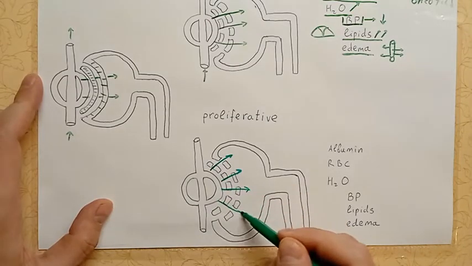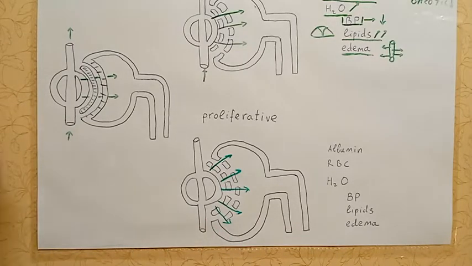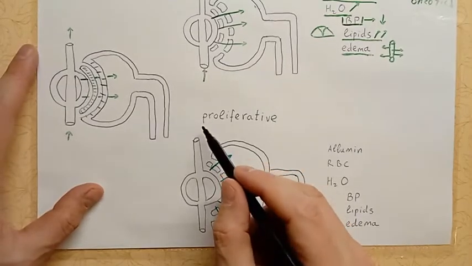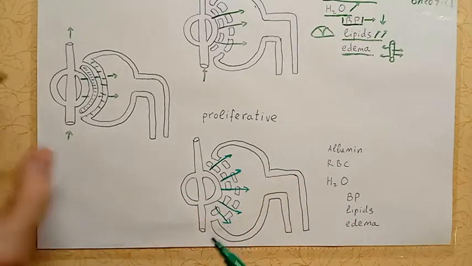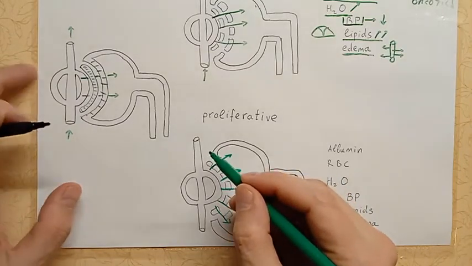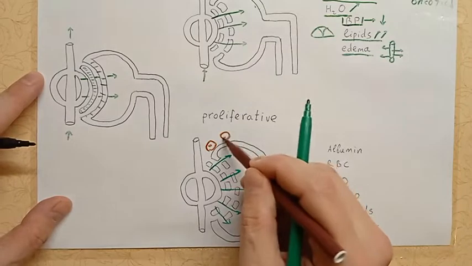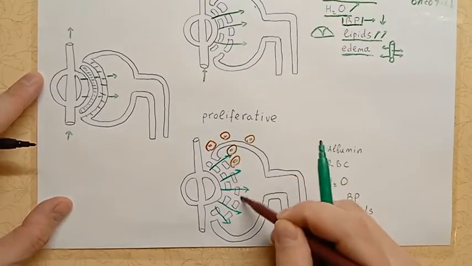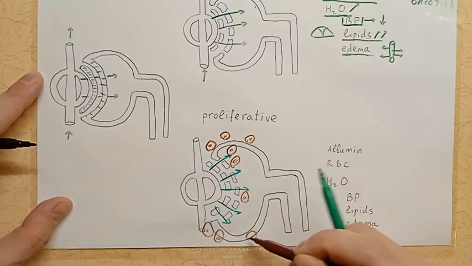The filtration becomes more severe, but inflammation attracts immune cells into the space of the Bowman capsule, into the wall of the Bowman capsule.